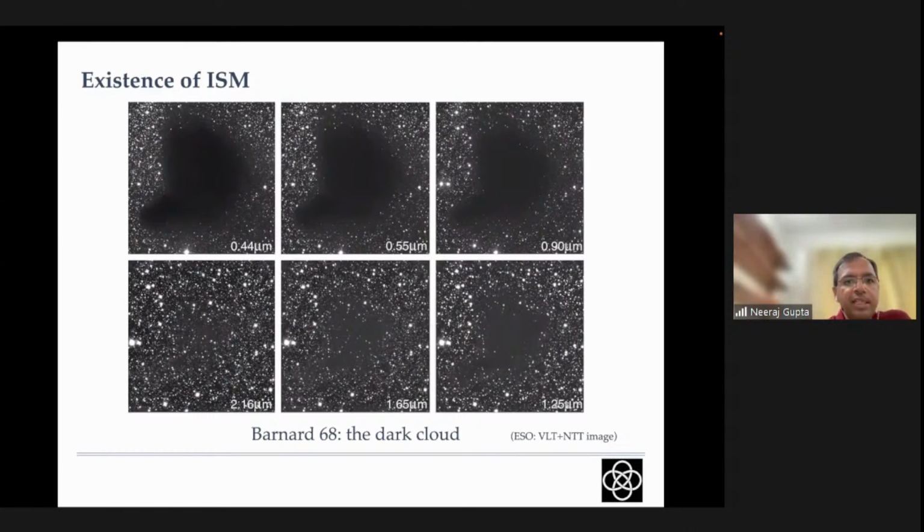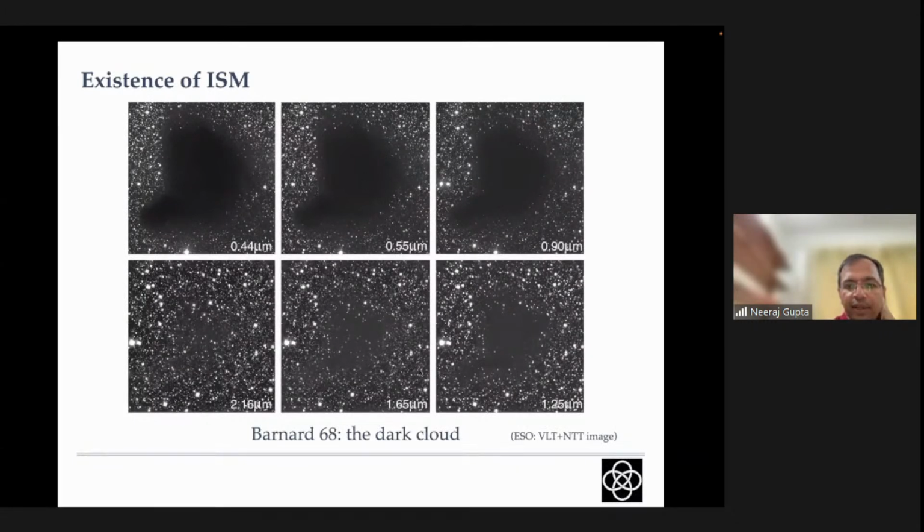And what we are seeing in this image is the Barnard 68 cloud at different wavelengths. In the top left corner, we have an image at 0.44 micron. And as we go progressively, we have images at longer wavelengths. It's the same patch of the sky we are looking at. So we go in a clockwise direction.